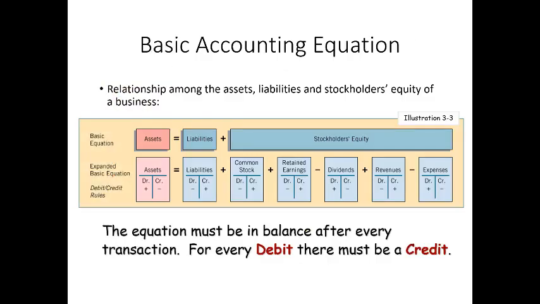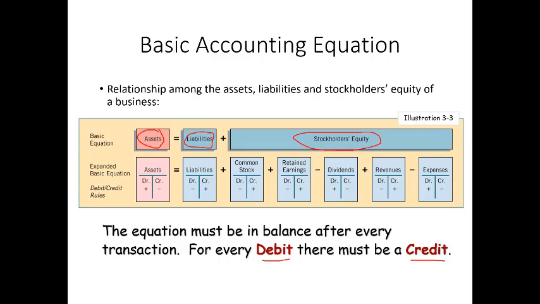If you remember the basic accounting equation, it's just that assets equal liabilities plus shareholders' equity or stockholders' equity. It always has to balance. Your assets have to equal liabilities plus stockholders' equity. The other thing to keep in mind is that for every debit, we need to have an offsetting credit.